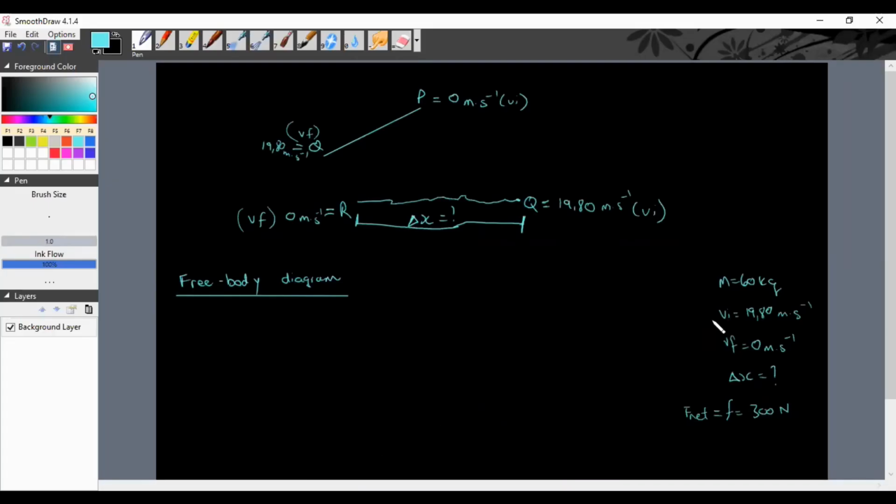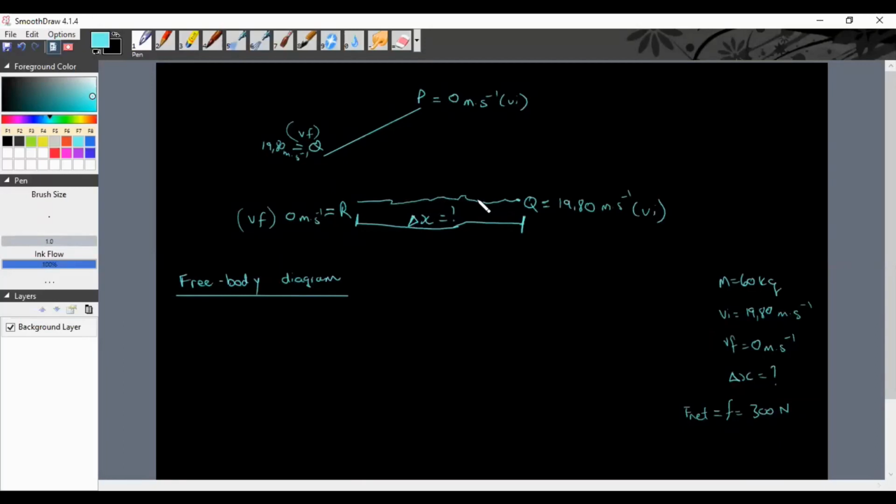Okay, so the third question here was, calculate the horizontal distance covered by the skier before he comes to a rest at point R. So we're calculating the distance of QR, as we see over here, which I've separated for you guys into two separate drawings.